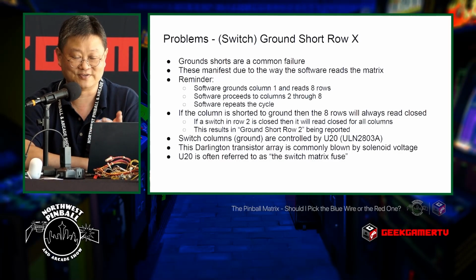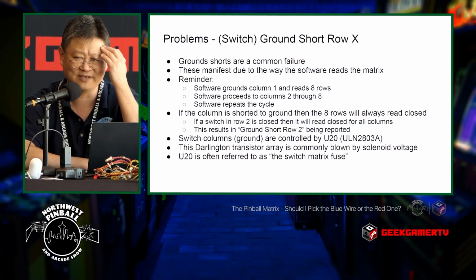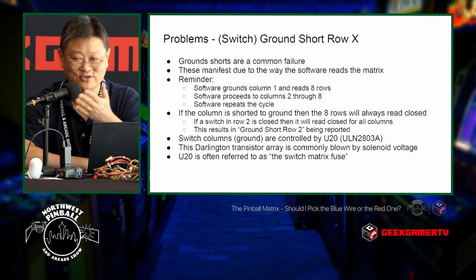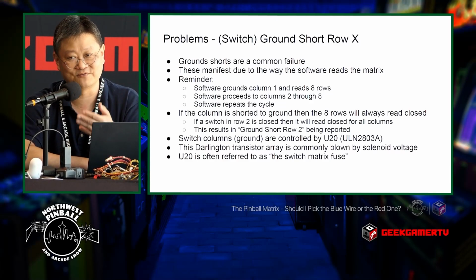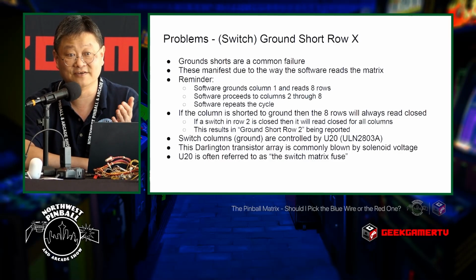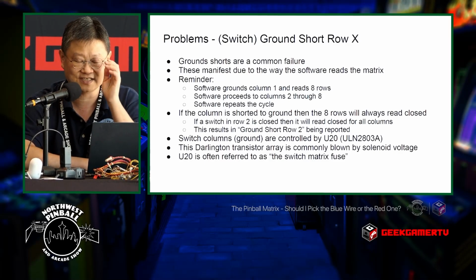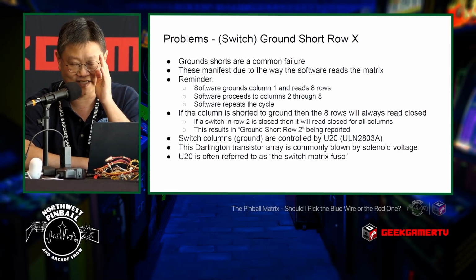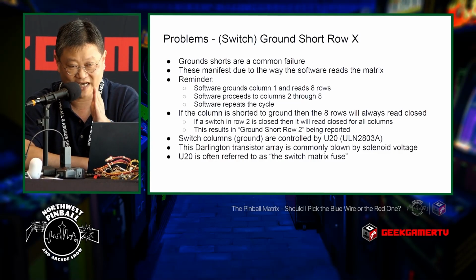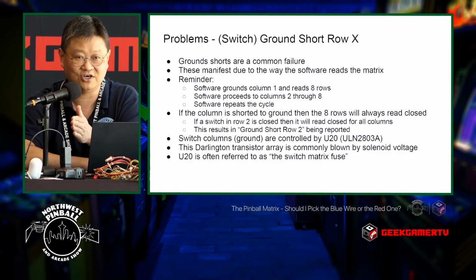And you look at this and go, well, that's not right. How can that be? Switches in row 2, all of them aren't shorted to ground. They can't be, because you look at them physically, they're not shorted to ground. But the reason is the way the matrix works. It scans each one, and it's unable to detect an errant path to ground by a shorted column.